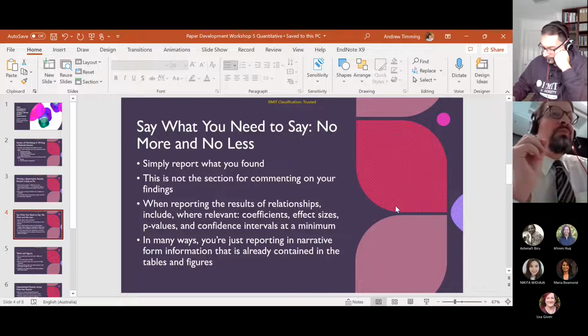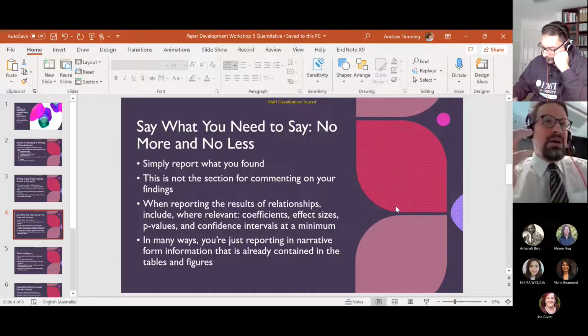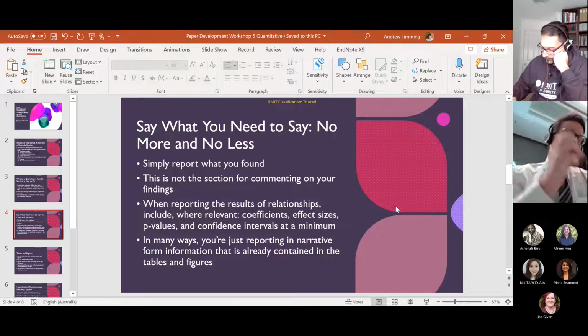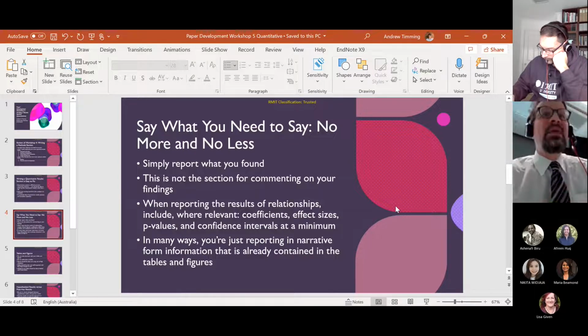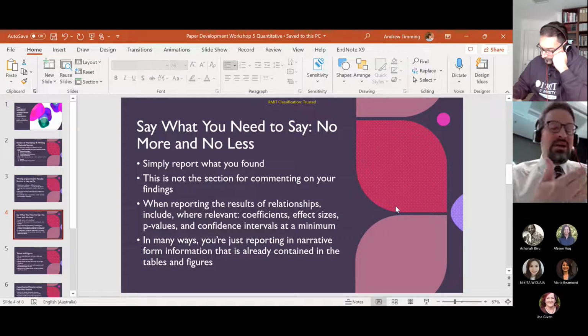Now, when you're reporting the results of your relationships in a quantitative method section, you should include, where relevant, and I include these at a minimum, the coefficients. These are essentially the results that describe the nature of the relationship between the variables that you're looking at. Effect sizes and p-values. Effect sizes talk about how strong or weak the relationships are.